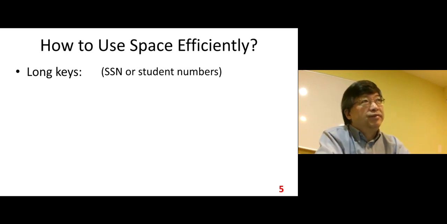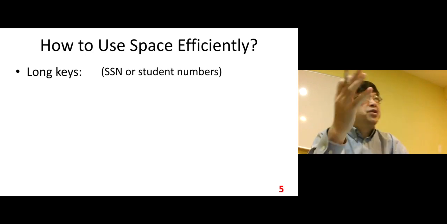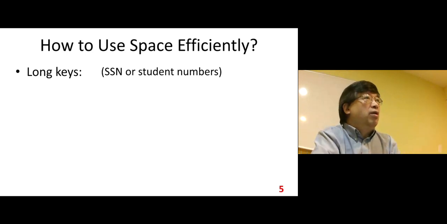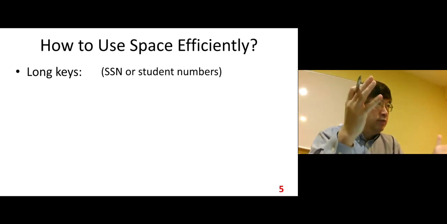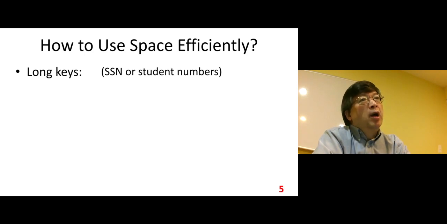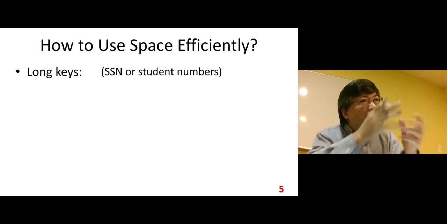Because there are so many students, so many people in the world or in the country, they need to be identified. So the number must be long. But your application only works for a small group of people.